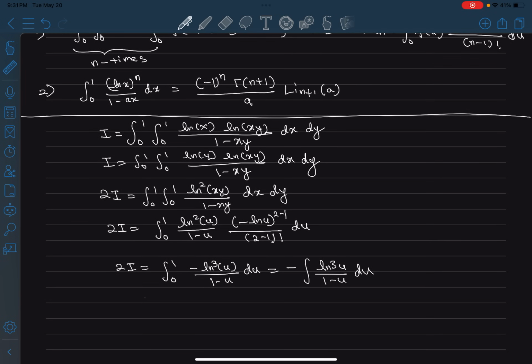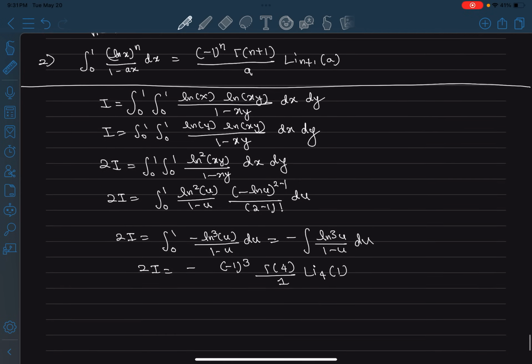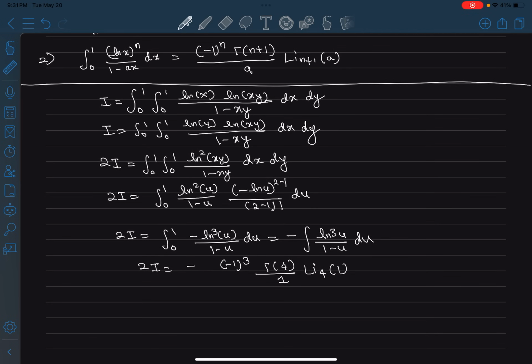If you use the second formula, this becomes negative times negative 1 to the power 3, gamma of 4, divided by a, which is 1, times Li of 3 plus 1, which is 4, at a equals 1. Now we know the property of the Li function, that Li_n of 1 is just zeta of n.